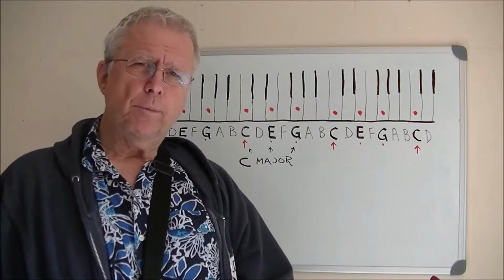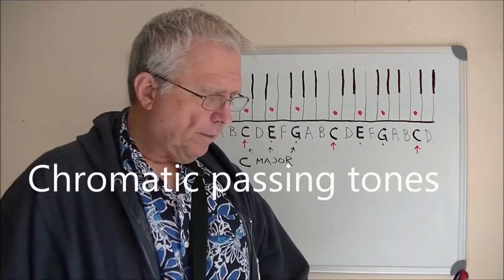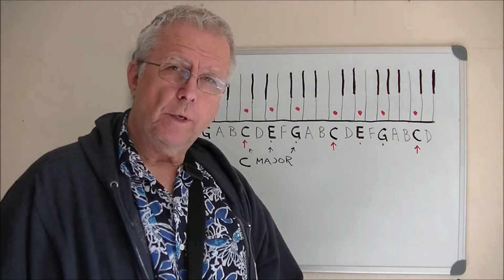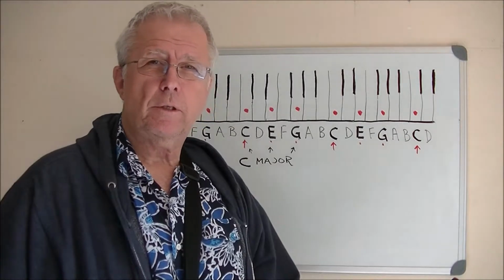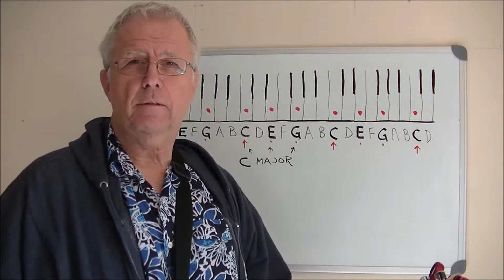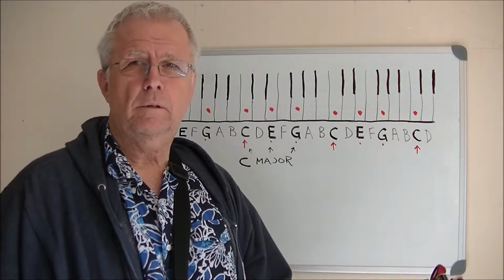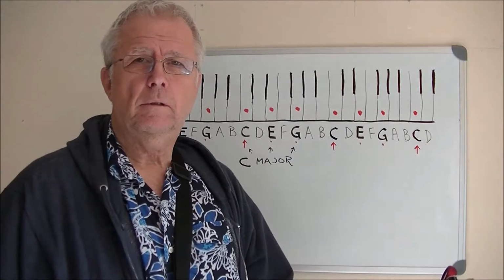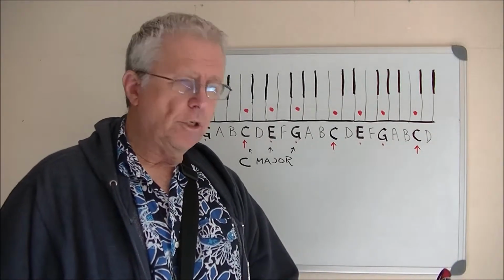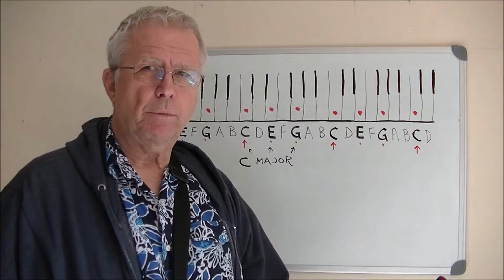Okay, now let's talk about the chromatic tones. The note C has a note 1 fret above it, which might be used as a transition tone to the second tone of the scale. And it has a tone a half step below it, but that's part of the scale.